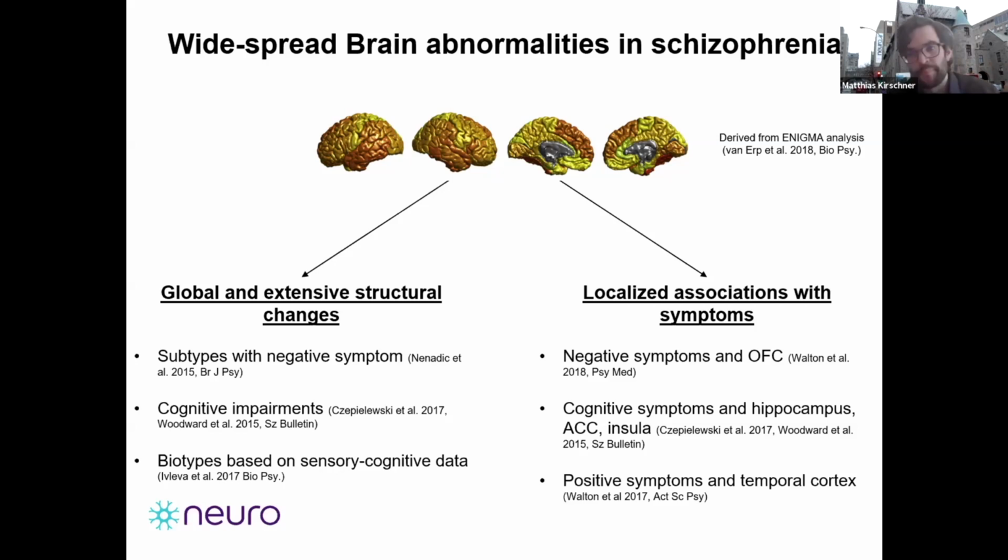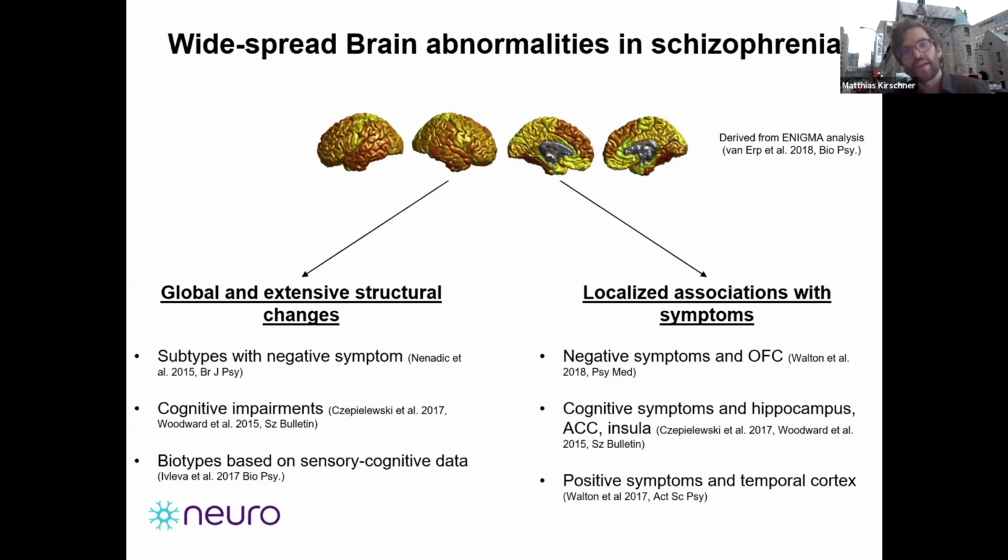At the same time, localized brain abnormalities have been related to negative symptoms, in particular in the OFC. Localized volume changes in the hippocampus, ACC, and insula have been related to cognitive symptoms, and structural changes in the temporal cortex have been related to positive symptoms.